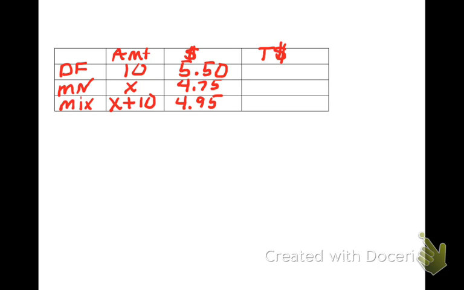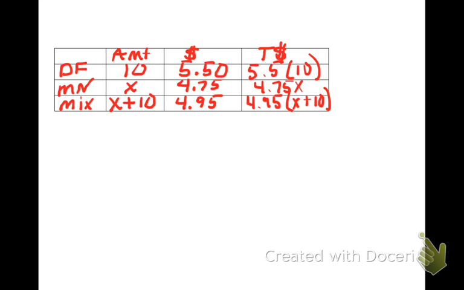And the total column of total cost is pretty easy, because if you're buying a pound of something that costs $5.50, well, it's $5.50 for every pound. And again, I don't do any math here, I just write it out. So 5.5, I'm going to drop that 0, times 10, 4.75 times X, and then 4.95 times the quantity, X plus 10.